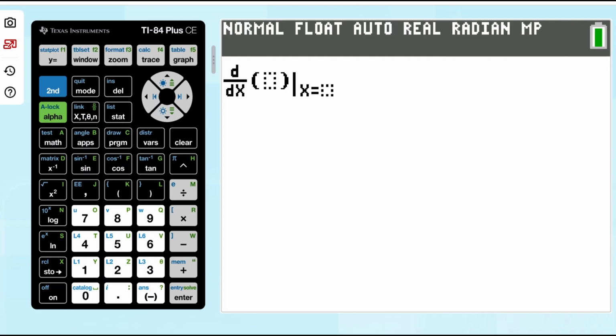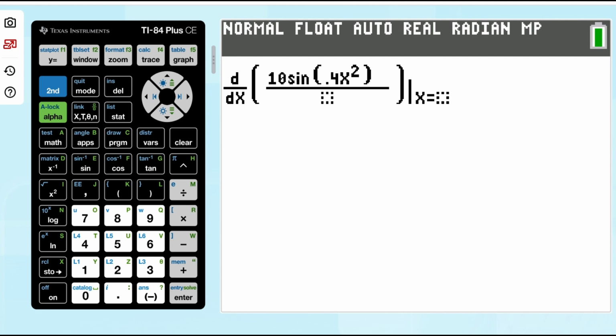I like to hit alpha and the x button next to it if your calculator has that functionality to give you the nice fraction. If yours doesn't, that's fine. Just make sure you put the numerator and the denominator into parentheses themselves. And then we have 10 sine of 0.4 x squared, since we're using x instead of t. And then in the denominator, we've got x squared minus x plus 3.